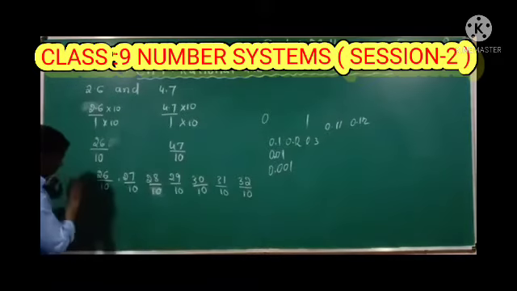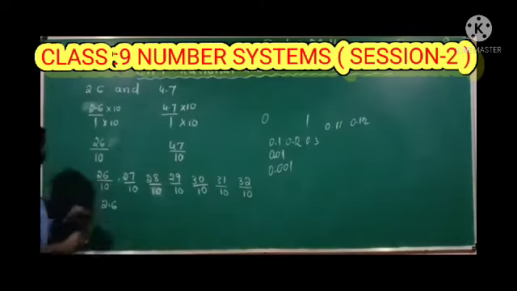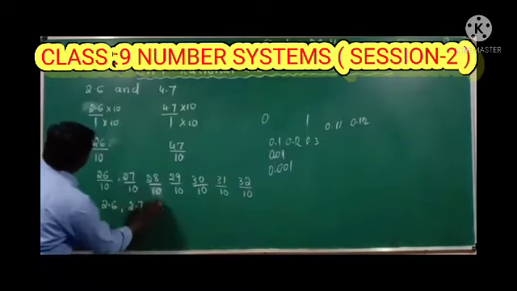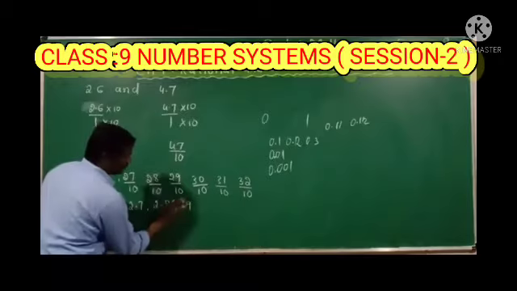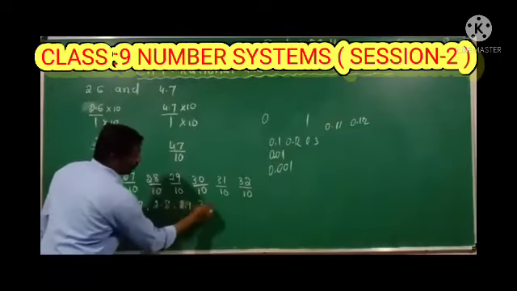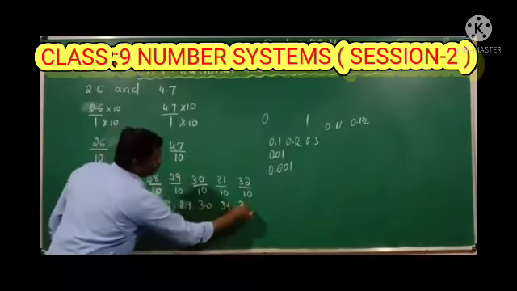Or we can also write 2.6, 2.7, 2.8, 2.9, 3.0, 3.1, 3.2.